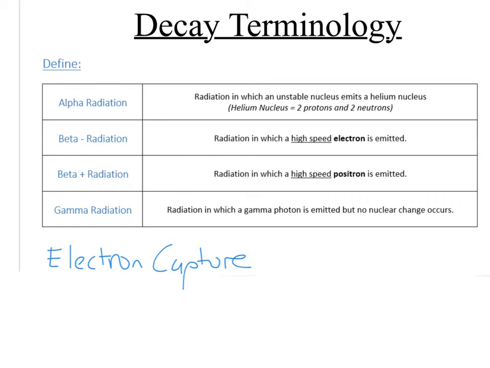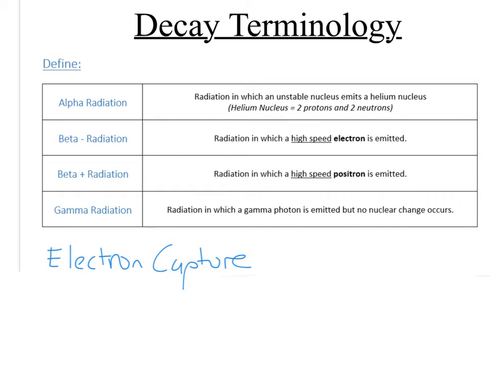In beta minus radiation, a high-speed electron is emitted, which is negatively charged, which is why it's called beta minus. In beta plus, a high-speed positron is emitted, so it emits a positive particle. And in gamma radiation, a high-energy gamma photon is emitted, but you don't actually get any nuclear change, so no protons become neutrons or neutrons become protons or anything like that.